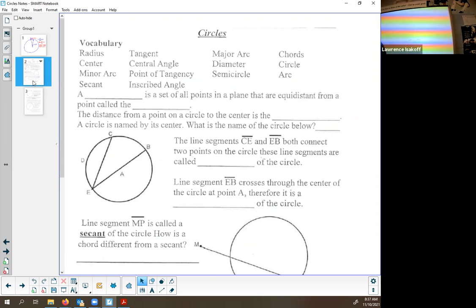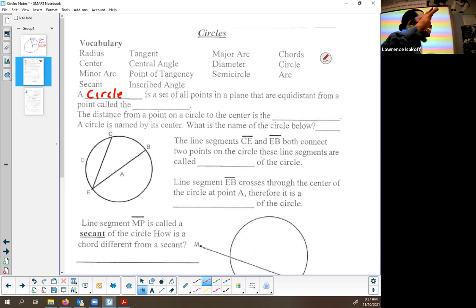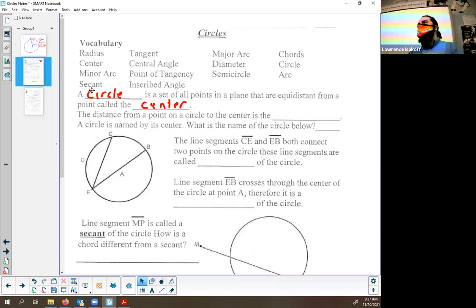So simply put, a circle is a set of all points on a plane that are equidistant from the point called the center. So when we're talking about a circle, you have your center point, and then every point is the same distance away from it.